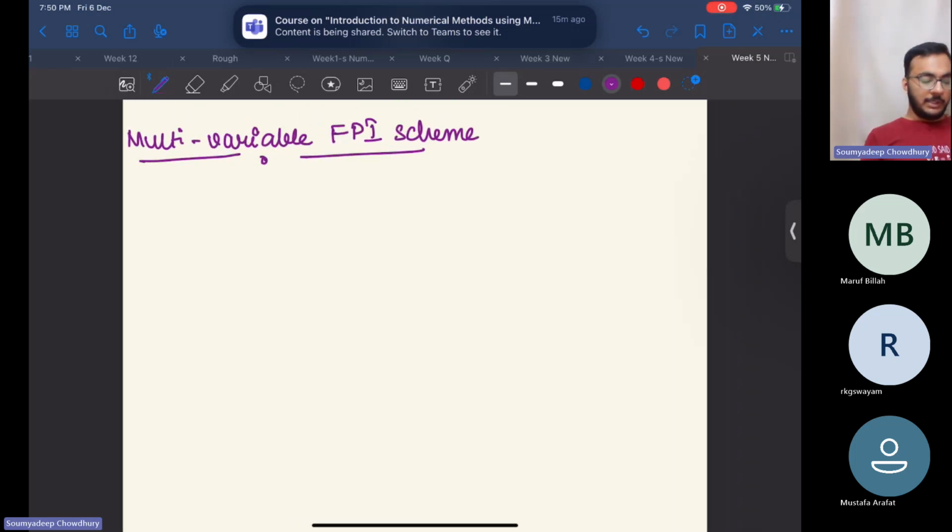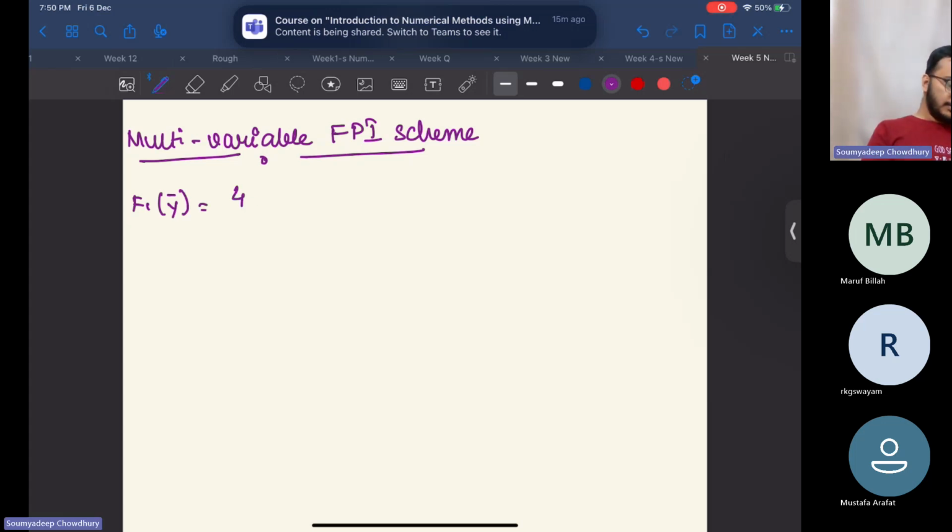If we look into the multivariable fixed point iteration scheme, we will have two unknown variables for which we have to find the solution, and two equations will be given to you. I'll take one example.